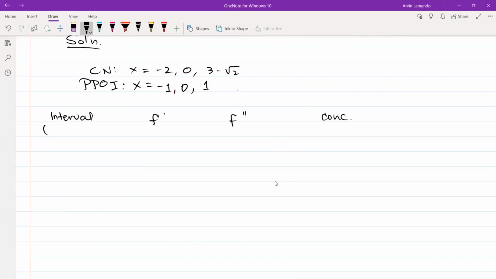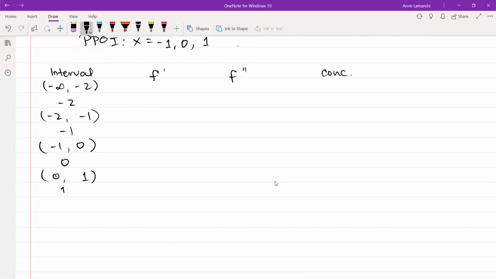So the first intervals should be negative infinity to negative 2, negative 2, negative 2 to negative 1, negative 1, negative 1 to 0, 0, 0 to 1, 1, 1 to 3 minus square root of 2, 3 minus square root of 2, and 3 minus square root of 2 to positive infinity.